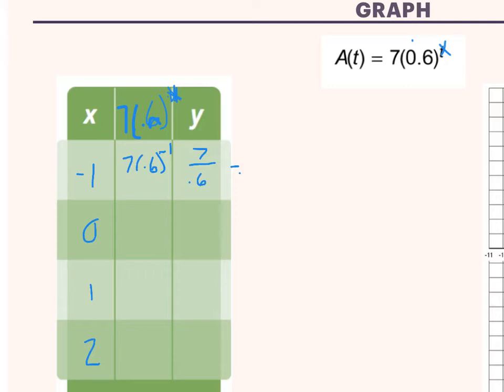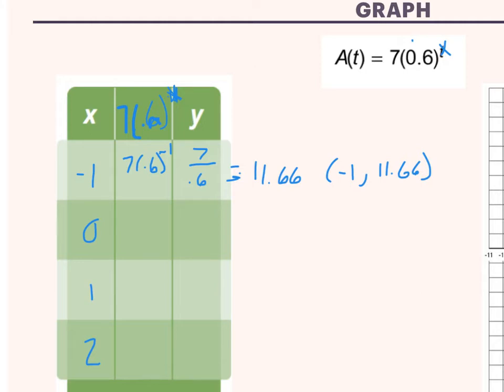So we have 7 divided by 0.6, which for this section you will need your calculator for the whole section. So on the quiz that's coming up, you will get to use your calculator. So we're just going to do 7 divided by 0.6, and we get 11.66. So when we plug in -1, our y is 11.66.